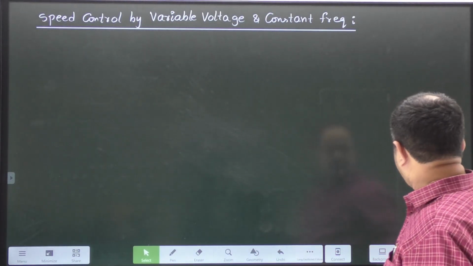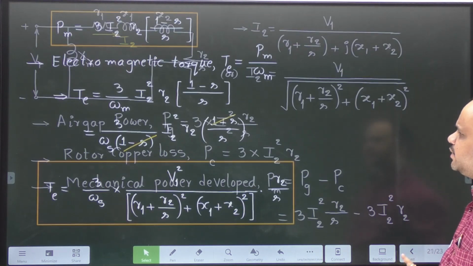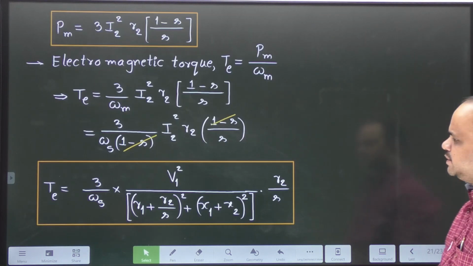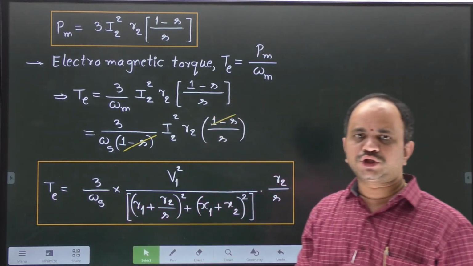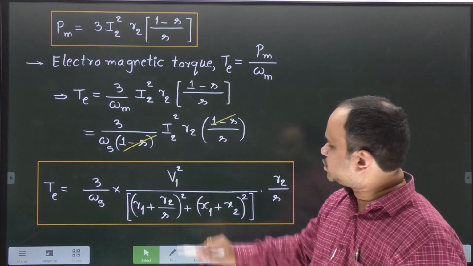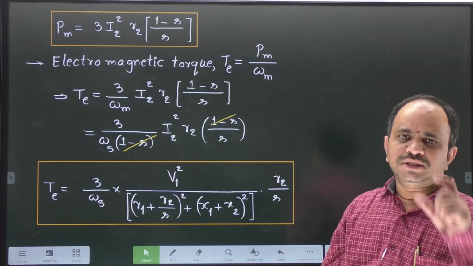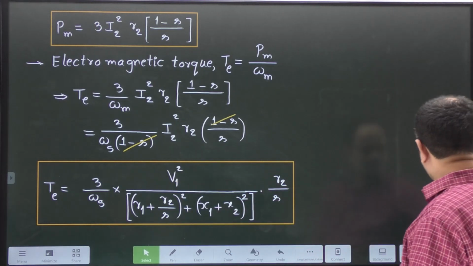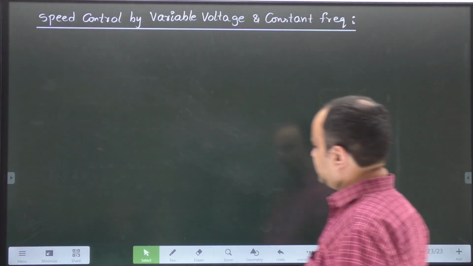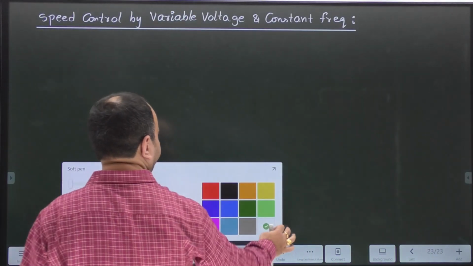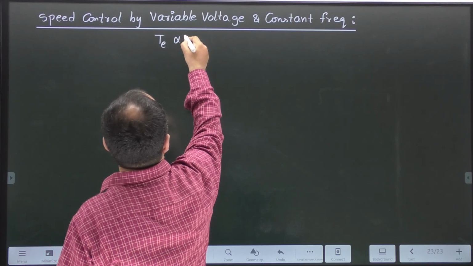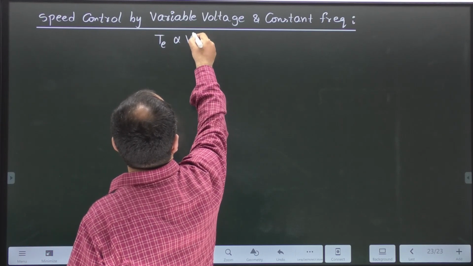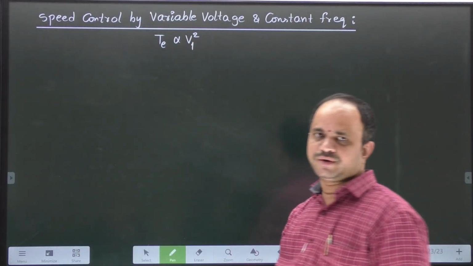First scenario. Now if you go back and see this torque equation, we can say that the torque developed by the induction motor is proportional to the square of the stator voltage. Therefore let us write down here, TE is proportional to V1 square.